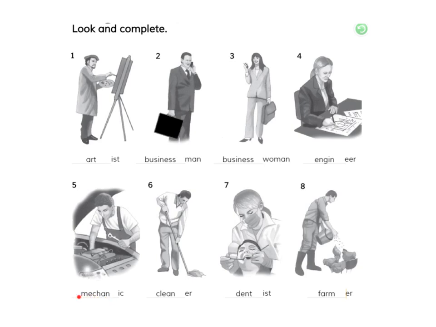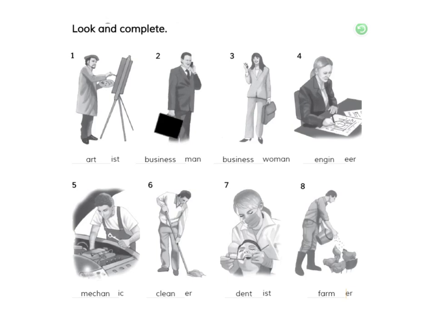M-E-C-H-A-N for making mechanic. C-L-E-A-N for making cleaner. D-E-N-T for making dentist. F-A-R-M for making farmer. So please correct in case you have any mistakes. Pay attention. Businessman and businesswoman take a double S.